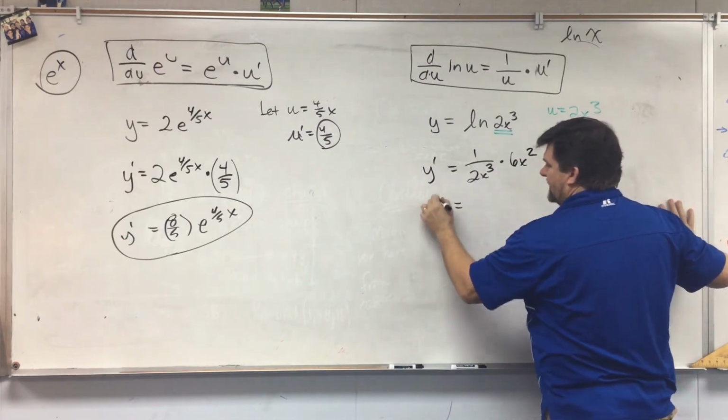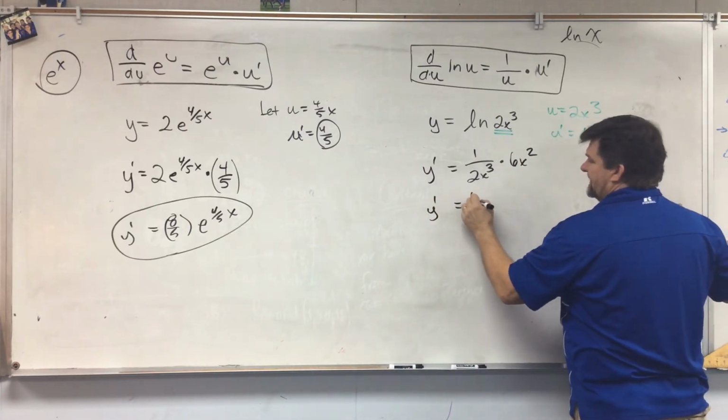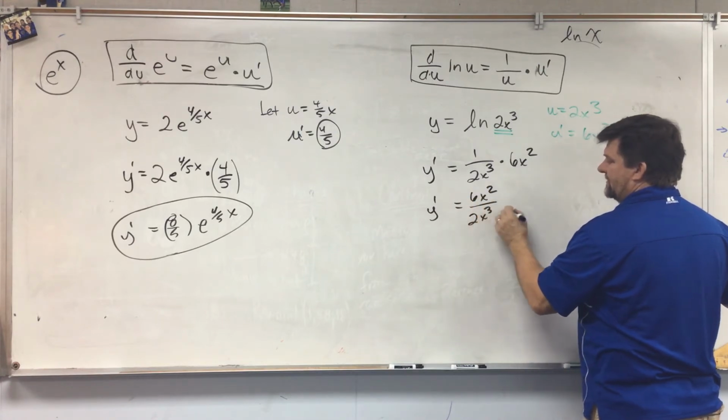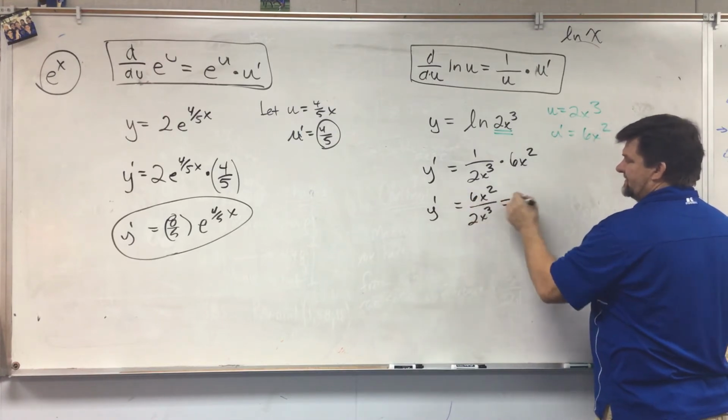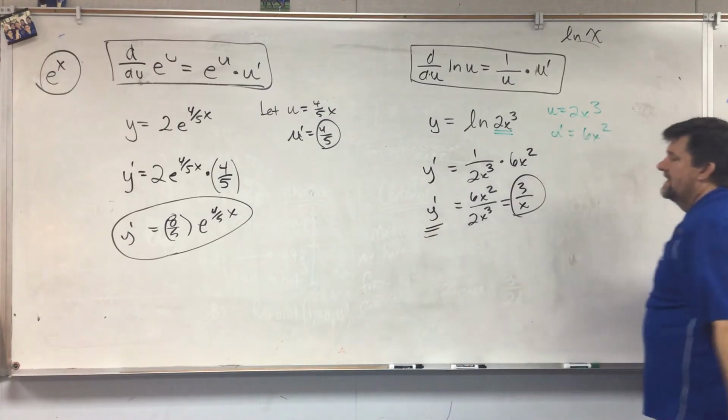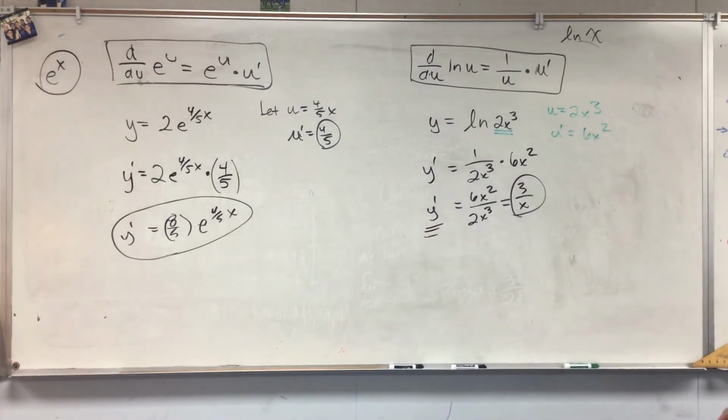Then we can clean this up: 6x squared over 2x cubed, that's a 3, those cancel. That's my derivative of the natural log of x.